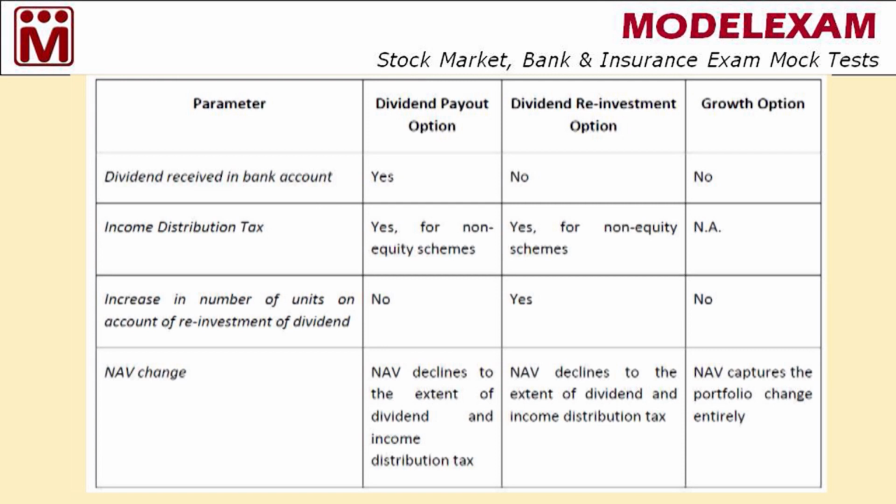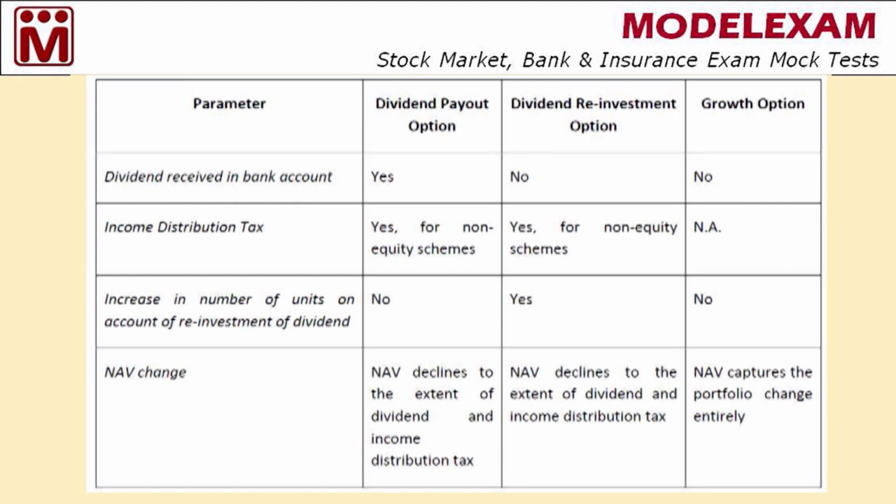Whereas, in case of reinvestment, whatever dividend amount we are due to receive will be reinvested in the scheme itself. That amount will be converted into units, so we will get additional units. Whereas, in payout, units will be the same.